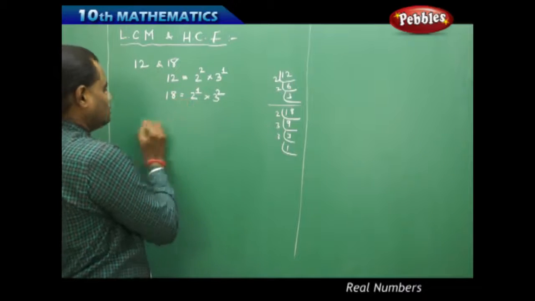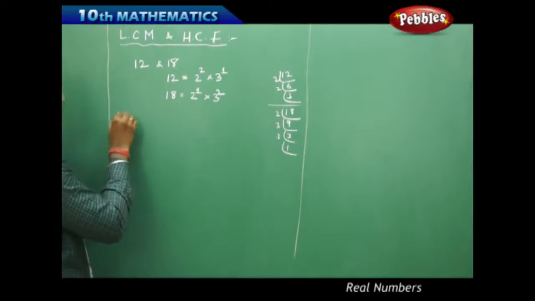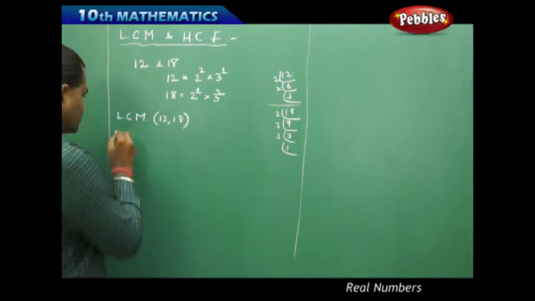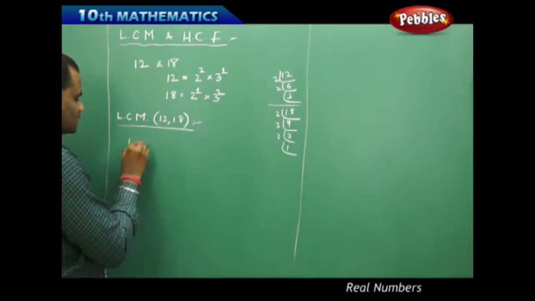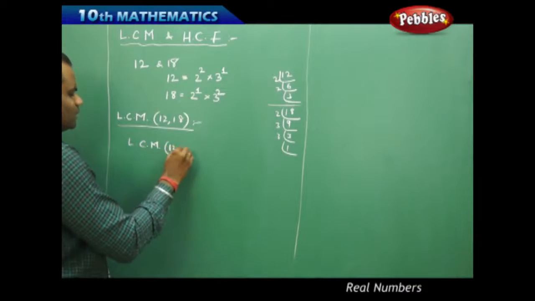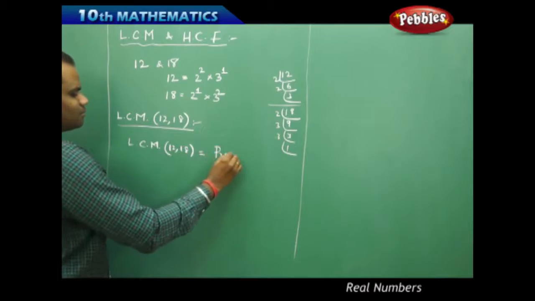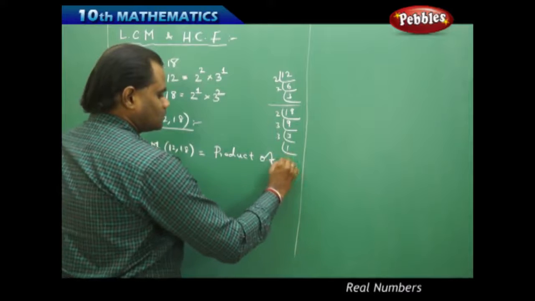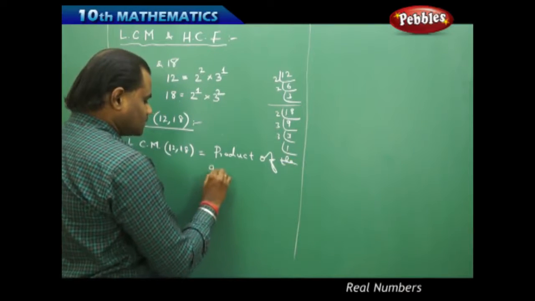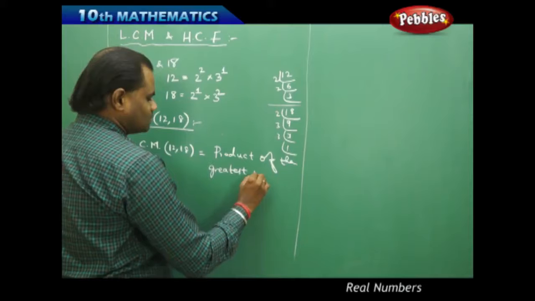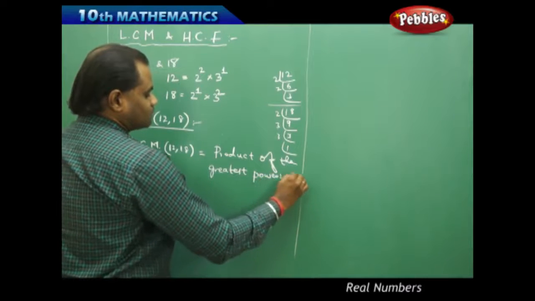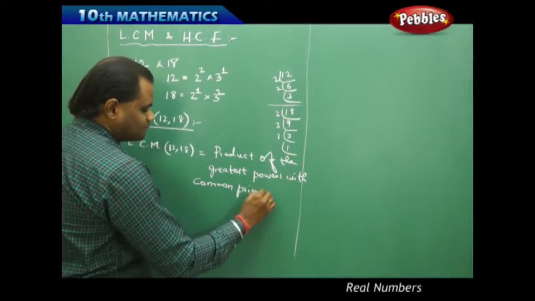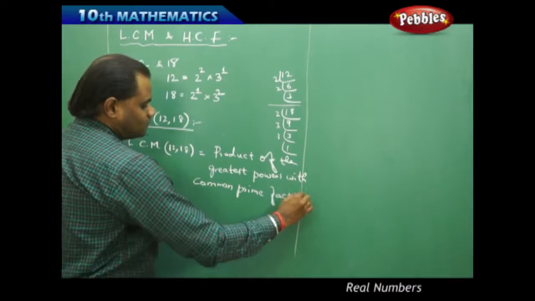Now with these two, if I wanted to find the LCM of 12 and 18, then I use the method where it says that the LCM of 12 and 18 is nothing but the product of the greatest powers with common prime factors.